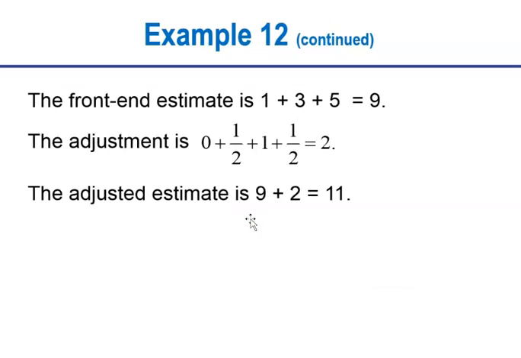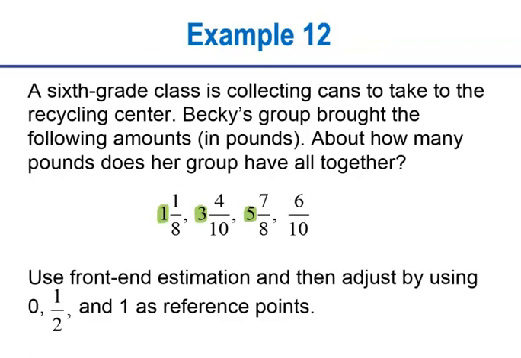And then the adjustment. Now, to explain what this adjustment is, let's go back and look at what we've got going on. They want us to adjust by using 0, 1/2, or 1. So when we take a look at 1 and 1/8, does the 1/8 adjust closer to 0, closer to 1/2, or closer to 1? In my argument, 1/8 goes closer to 0 than 1/2.